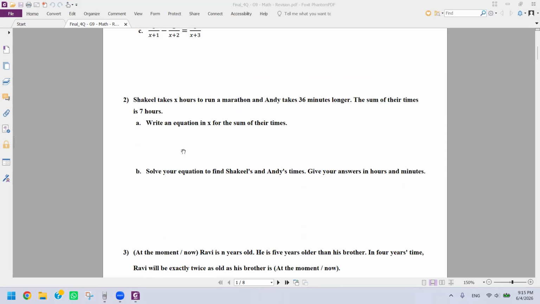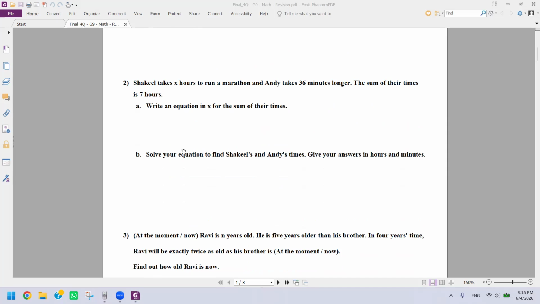Now, question 2, we have to write a linear equation and solve it. It says here, Shakil takes X hours to run a marathon. And Andy takes 36 minutes longer. So Andy took X plus 36 minutes.